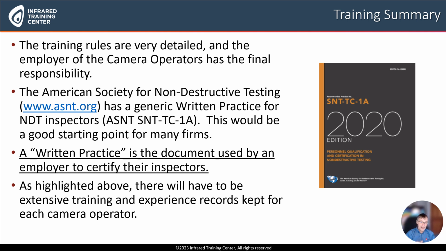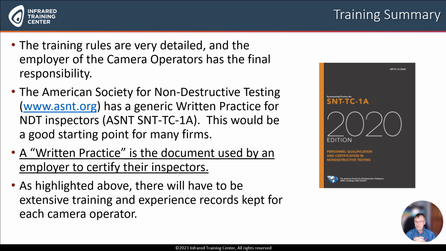Now, that document, TC1A, is for all non-destructive test techniques: radiography, ultrasonics, acoustic emission, visual testing, so on and so forth, including thermal infrared, okay? And they don't specifically address optical gas imaging, but it is a great way to say, I am going to structure my company and qualify my people this way, and we incorporate the EPA.